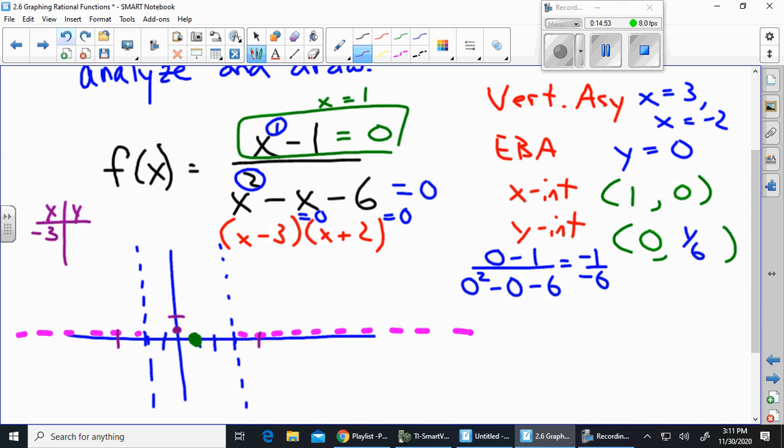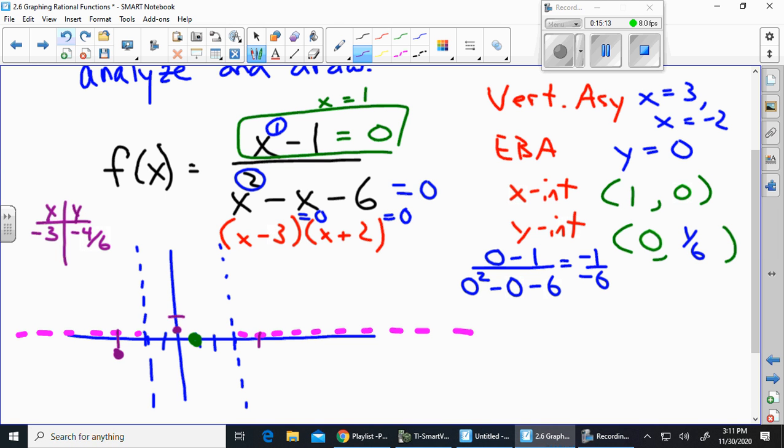If you put negative 3 in the function, on the top, that would be negative 4. On the bottom, that would be 9 plus 3, which would be 12 minus 6, negative 2/3.